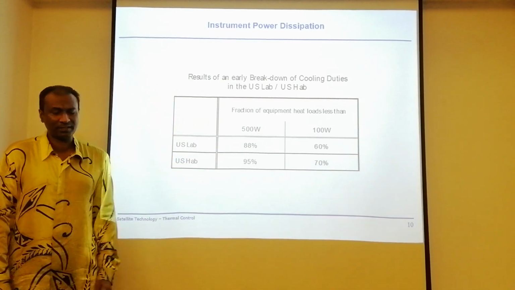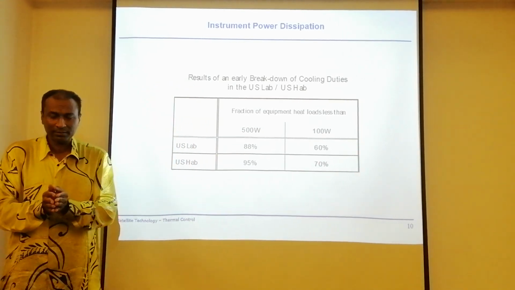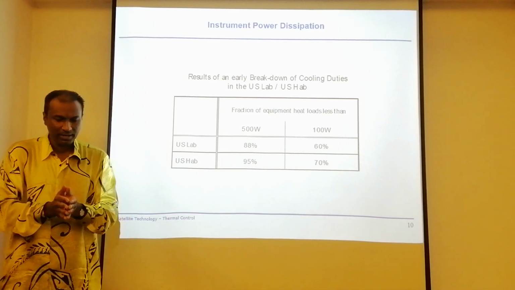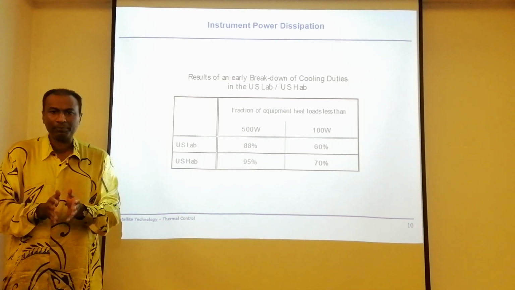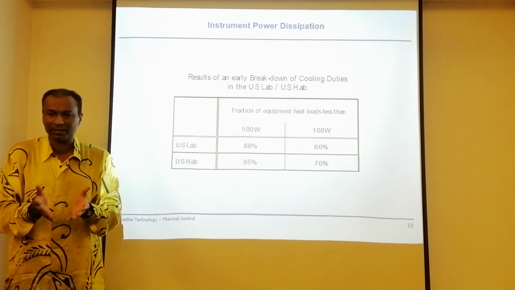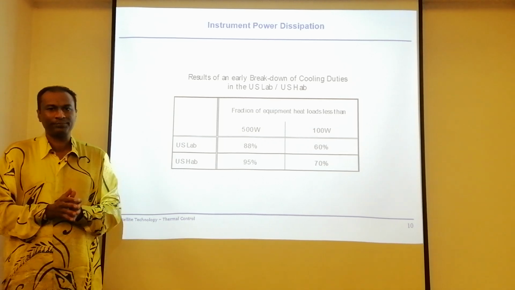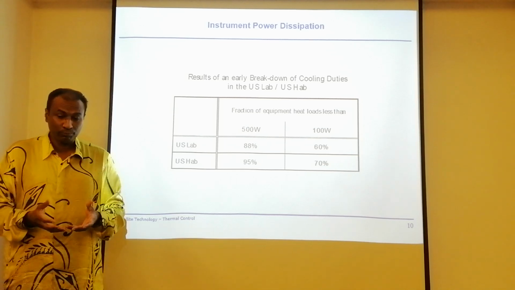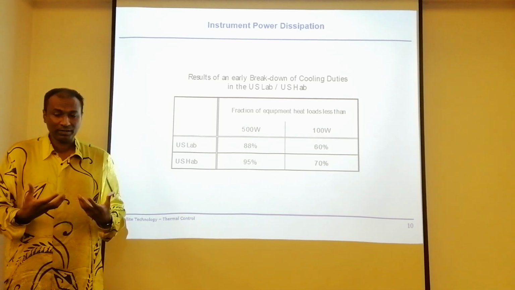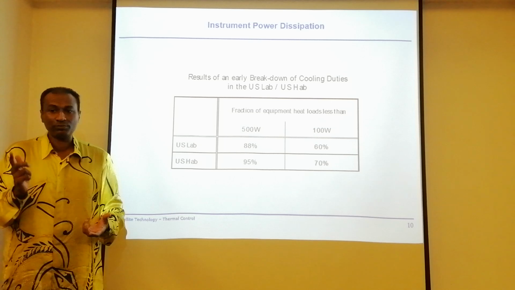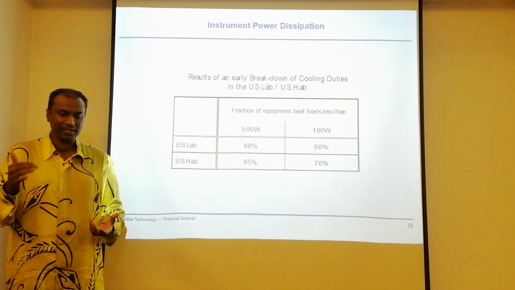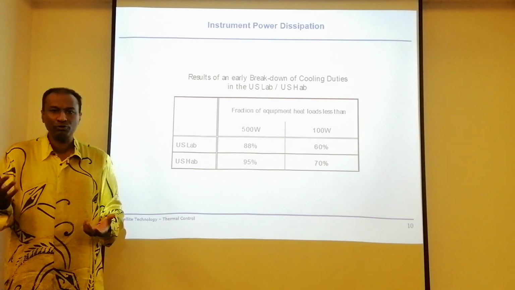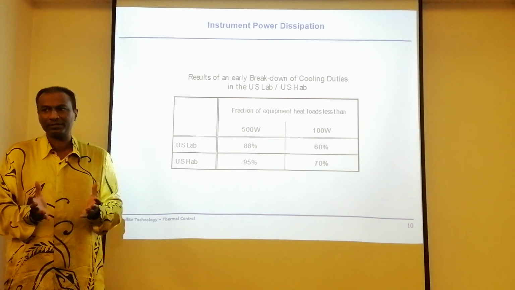What he says is this: if you embark a very high power consuming equipment, be prepared for a lot of heat generated by the equipment. So if you are thinking to put a high power consuming equipment on board a satellite, make sure you are loading the thermal control system. That's what it says. Okay.